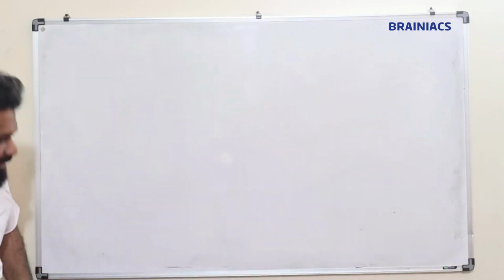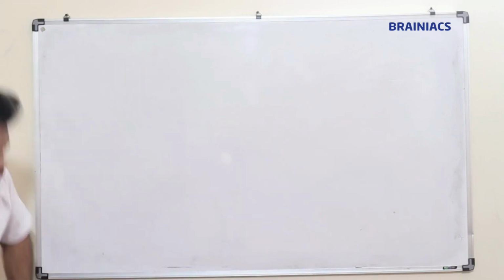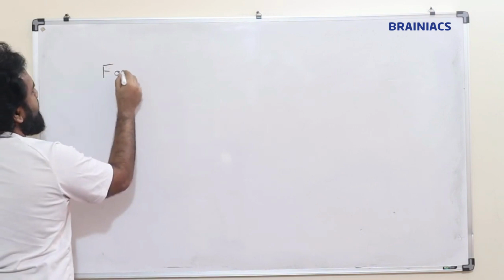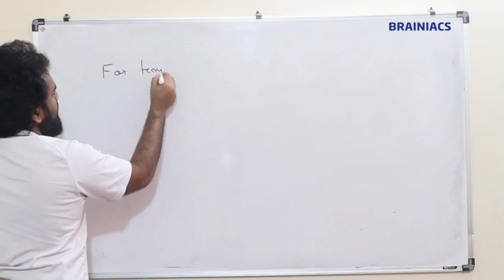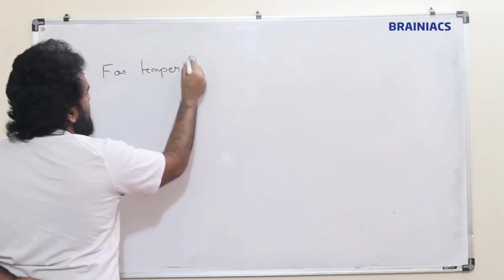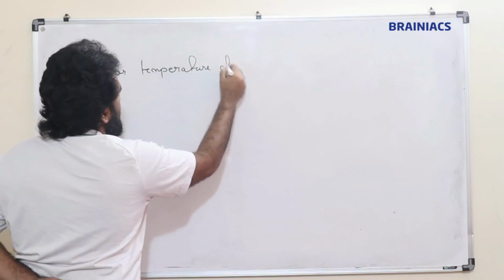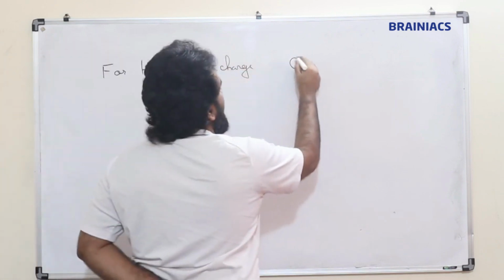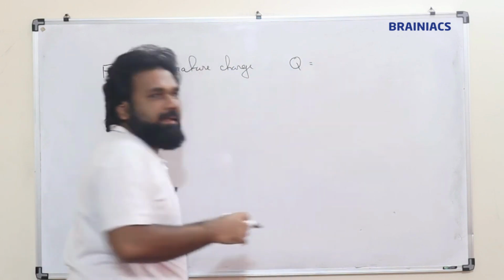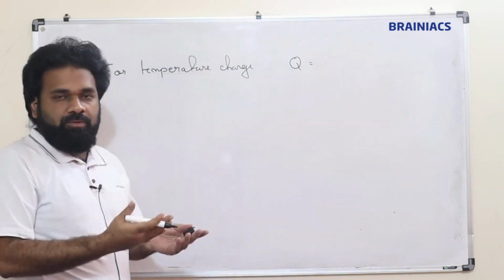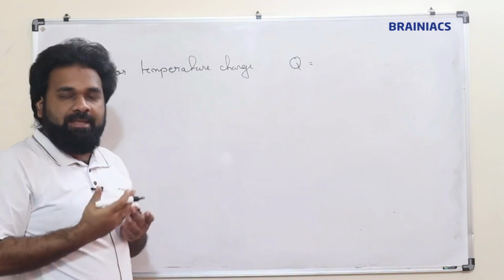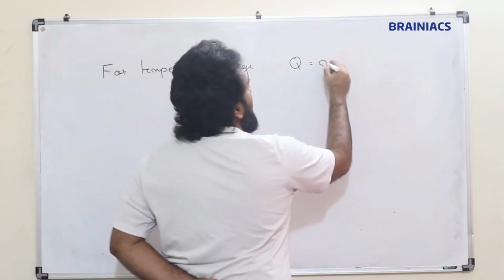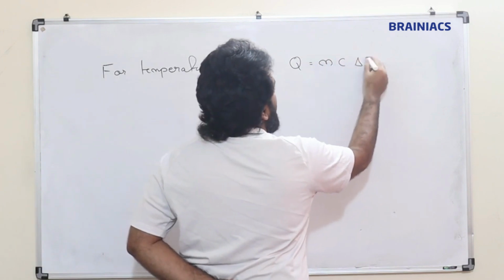Okay, so I'll summarize. For temperature change, the formula for heat given or heat released or heat absorbed, Q is equal to mc delta theta.